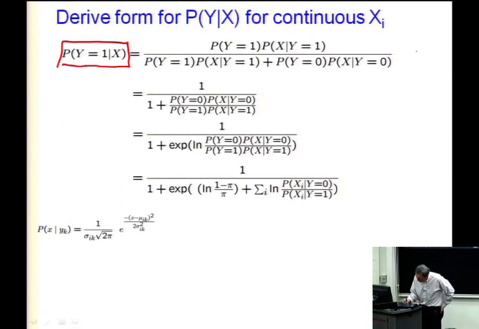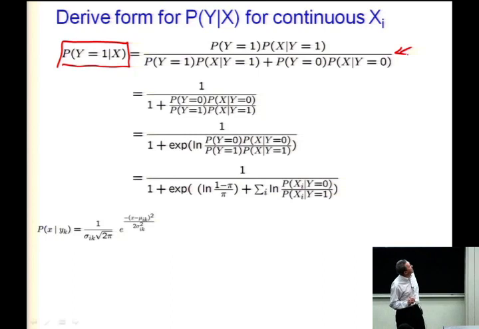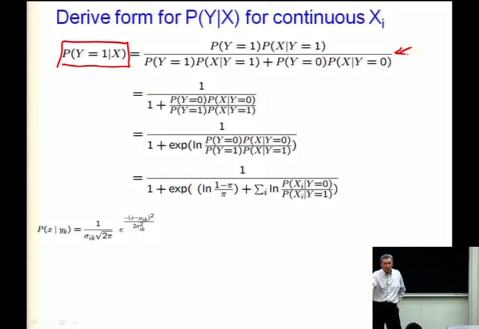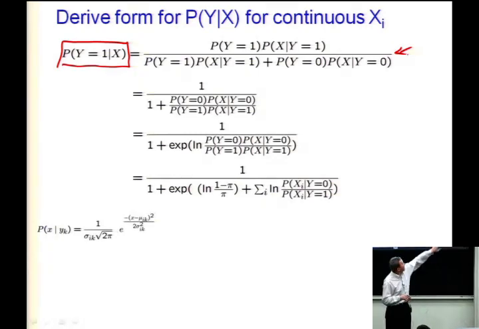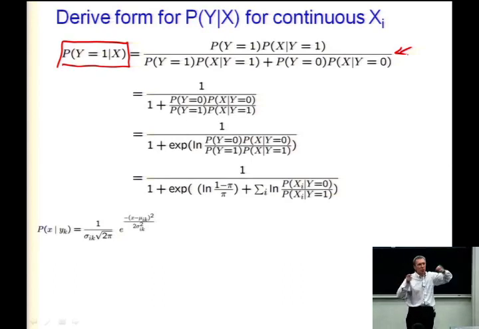And just to make my notation a little easier, let's first consider the case that y is a Boolean variable, and just consider the probability that y equals 1. Of course, once I know that, 1 minus that will give me the probability that y equals 0. So I'm not losing any generality when I do this.